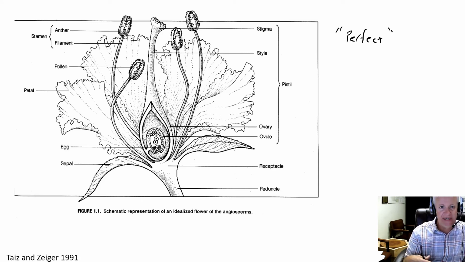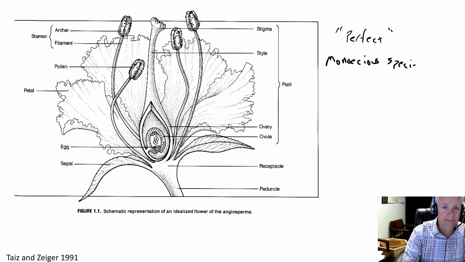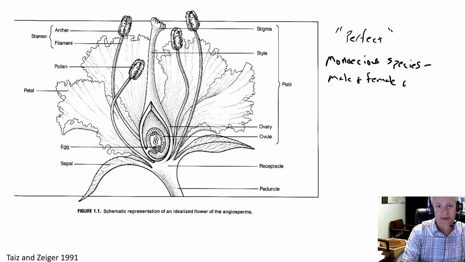As well, we can have different distribution of reproductive parts on individuals. So in monoecious species, male and female parts occur on one individual.